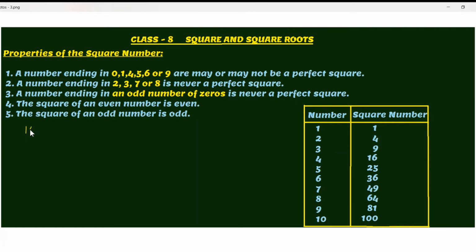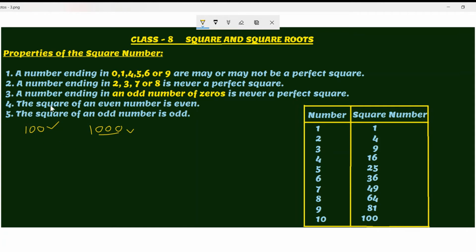Already we have seen 100 is a perfect square number, but you can see 1000 is not a perfect square number because the number of zeros is odd. So if there is an even number of zeros, then we can say it may be a perfect square number. If it is an odd number of zeros, then we can say it is not a perfect square number. So a perfect square will always end with an even number of zeros, not an odd number of zeros.